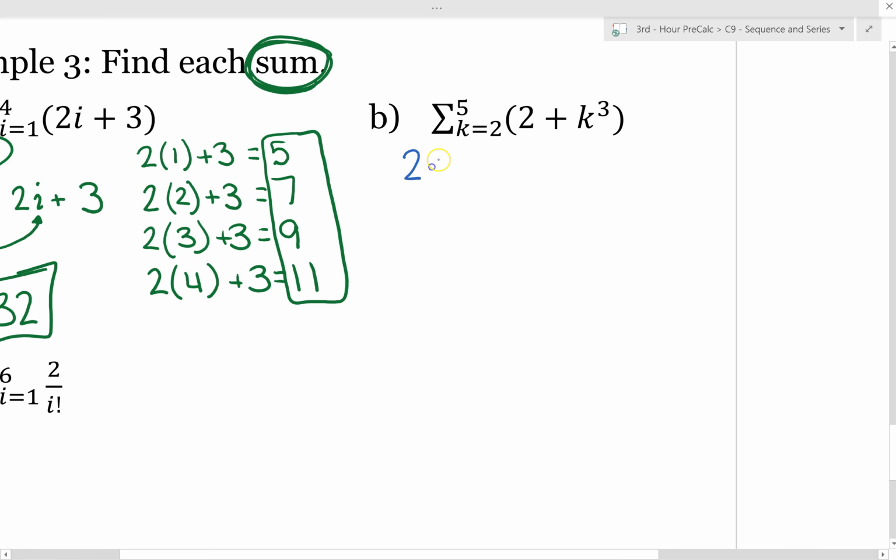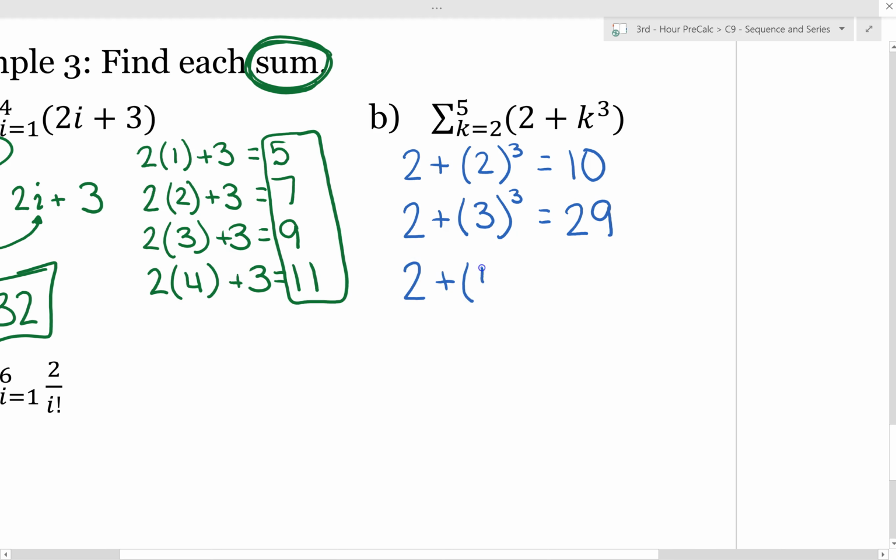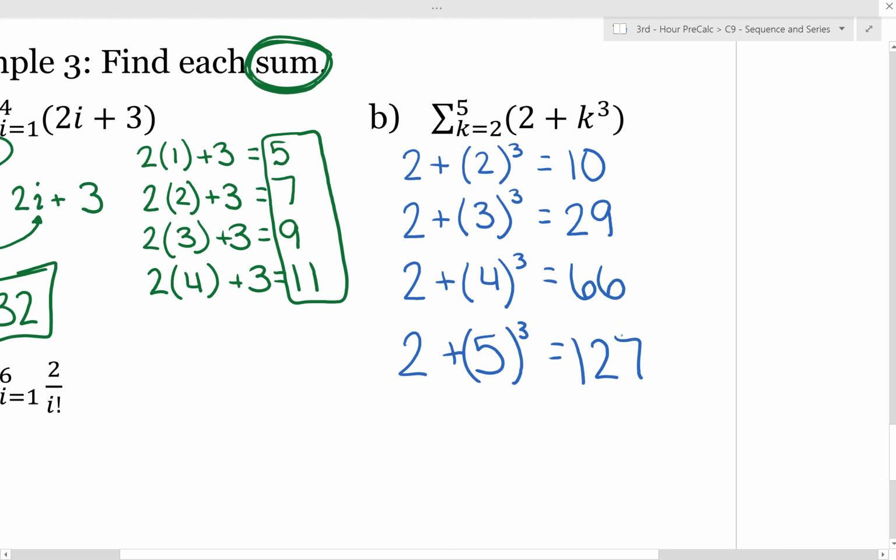So I'm going to go 2 plus 2 cubed. The answer's 10. 2 plus 3 cubed is 29. 2 plus 4 cubed is 66. 2 plus 5 cubed is 127. Add them up, you get 232.